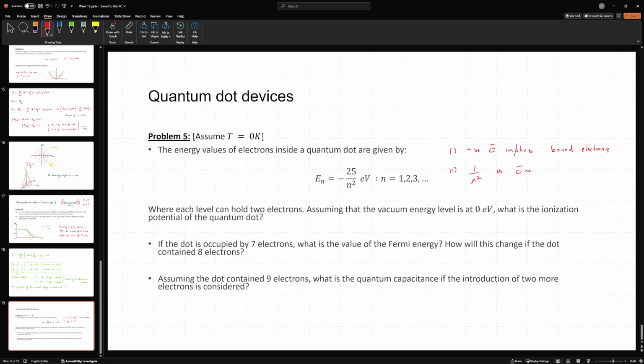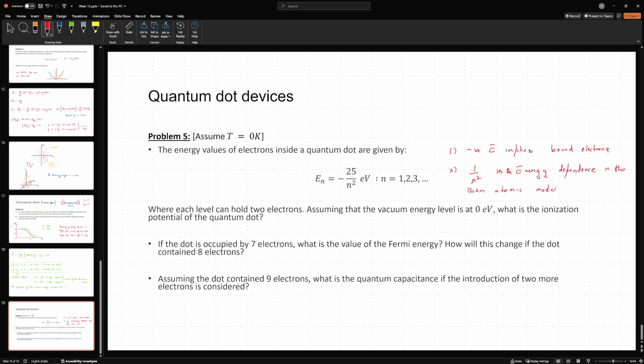so 1 upon n square is the energy dependence in the Bohr model. So the Bohr atomic model. Okay, so this is a very simplistic model in the Bohr atomic model. So this is essentially the same as the Rydberg energy representation.